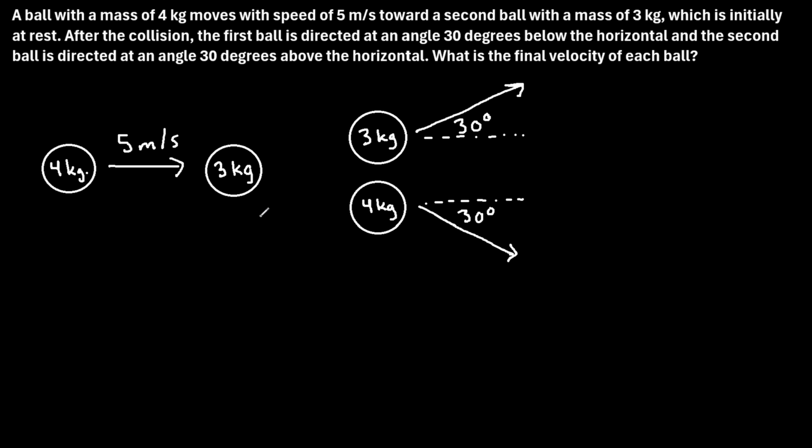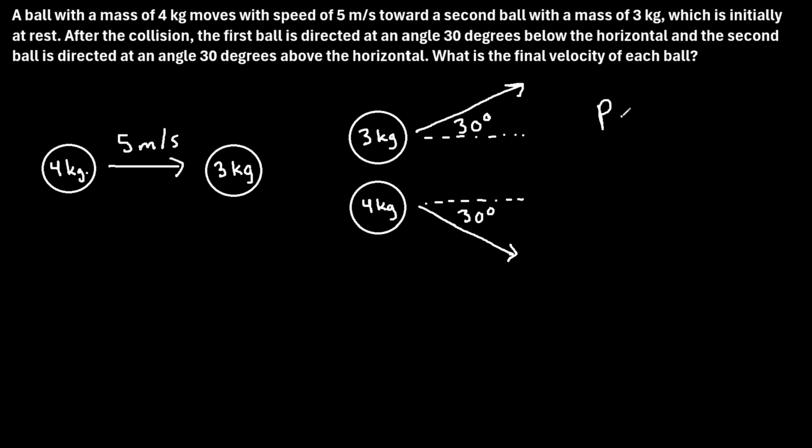So in order to solve this problem, what we have to recognize is that in any type of collision in physics, momentum is always conserved. Now, in this case, we have 2 balls that are traveling in an x direction and a y direction, so we have 2 dimensions. So momentum must be conserved in both the x direction and the y direction. So here's what we can write.